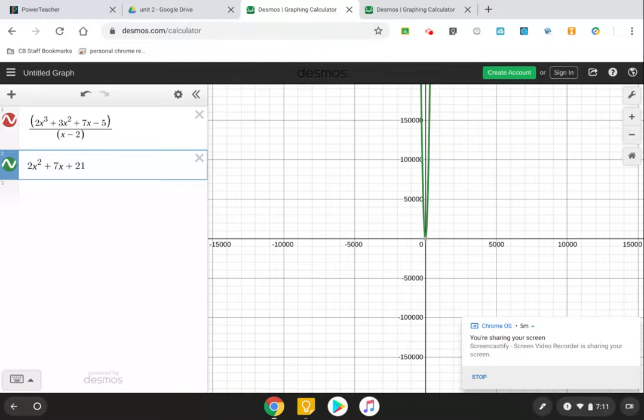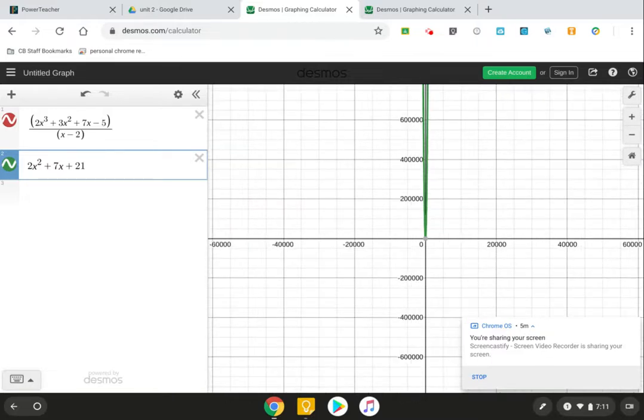They look more similar the more I zoom out. I can't tell the difference between the red graph and the green graph because I've zoomed out so much. They look so similar. That is what end behavior is. That is what it looks like visually.